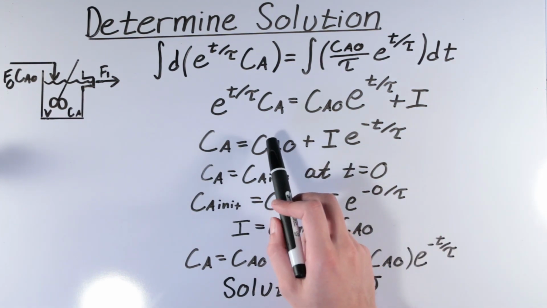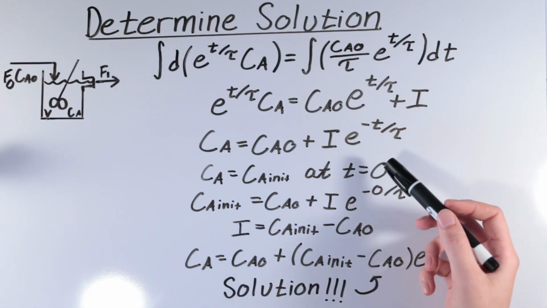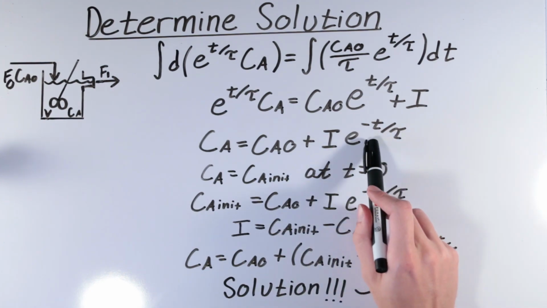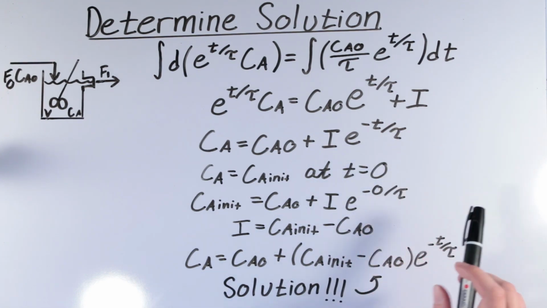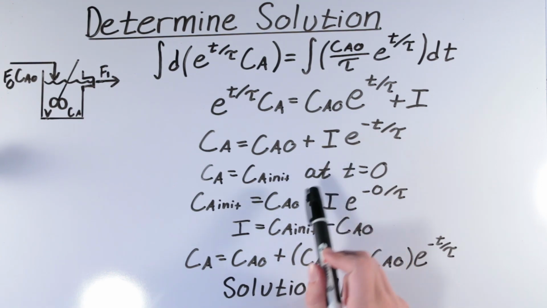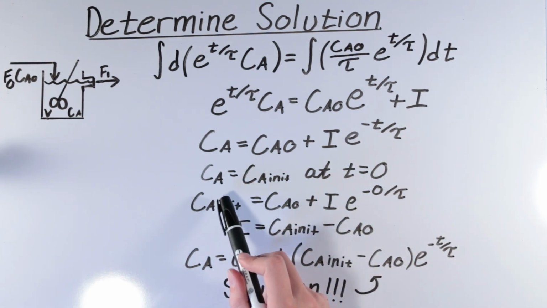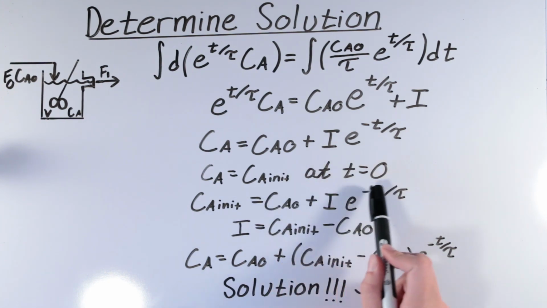Now we can solve for C_A by dividing through by the integrating factor to get this equation here. Notice that the sign of the exponent on our integrating factor changes when we do this. If we wanted to solve for this constant of integration I, we can say that the concentration in the tank is equal to the concentration of A initial at time equals 0.